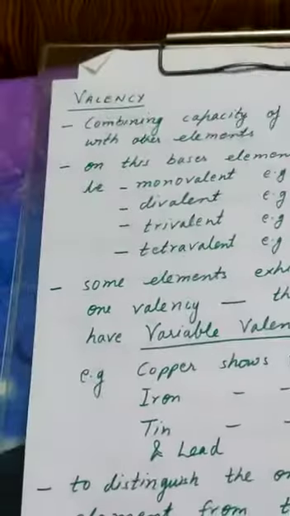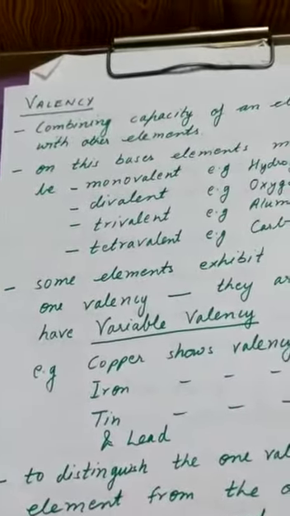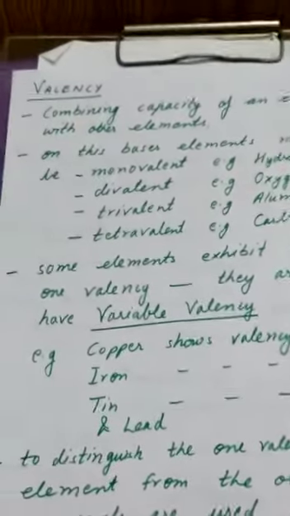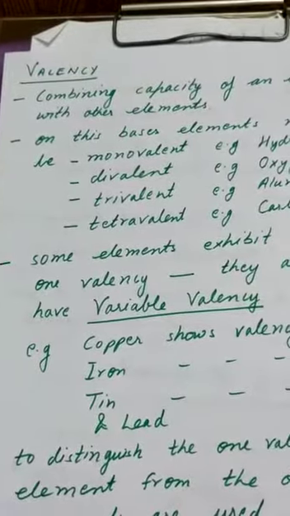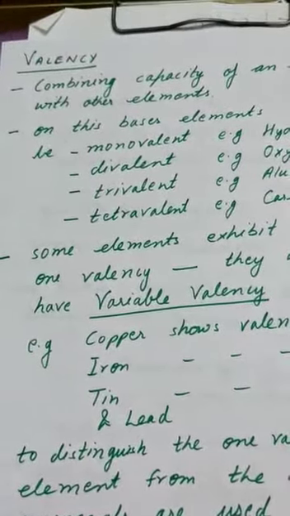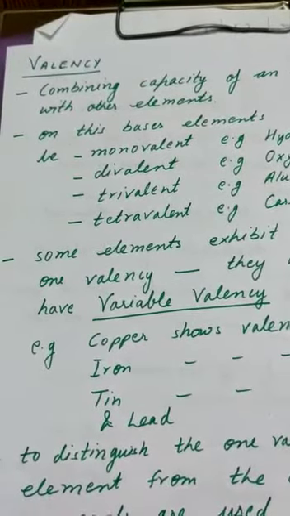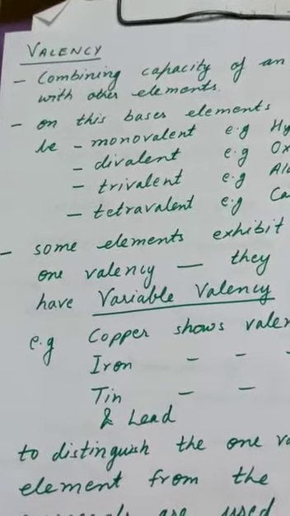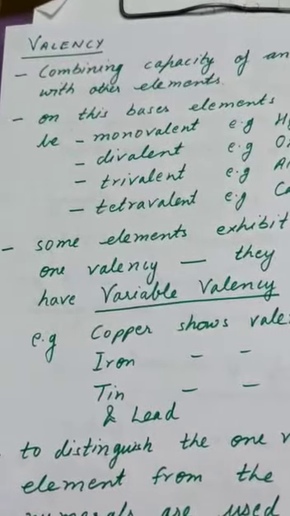Then next is valency. What is valency? Students, the combining capacity of an element with other elements is known as valency. Now, why do atoms of an element need to combine? It is done only to achieve stability.